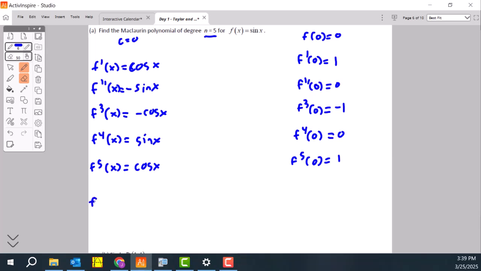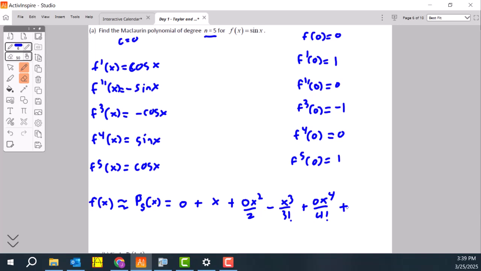And now we're just plugging that into our polynomial expansion, our formula. So we have the 5th degree polynomial this time. We have 0 plus 1 x to the 1 over 1 factorial, which is just going to be x, plus 0 x squared over 2, minus x cubed over 3 factorial, plus 0 x to the 4th over 4 factorial, and then plus x to the 5th over 5 factorial.